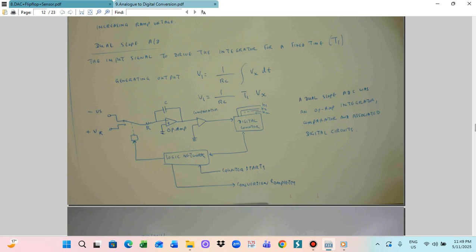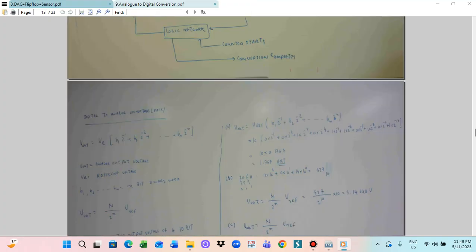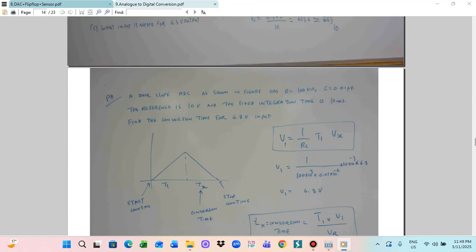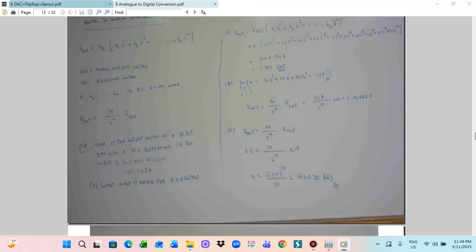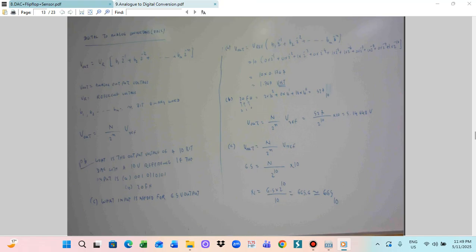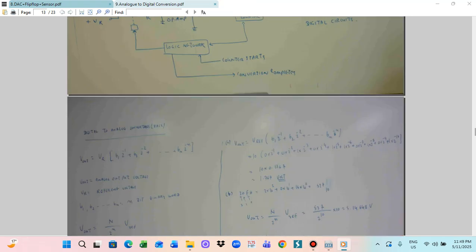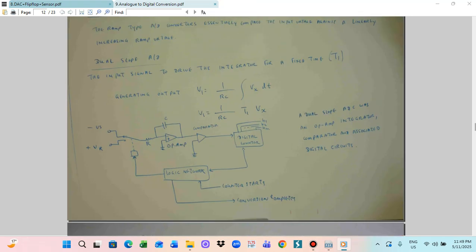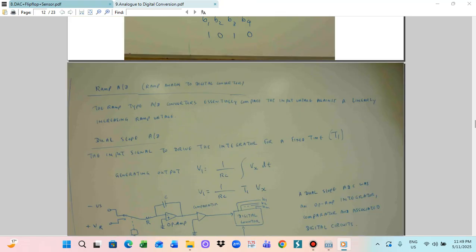By using this circuit, we compare the input voltage and the reference voltage, and the bits come out. This is what we call the analog to digital converter circuit.